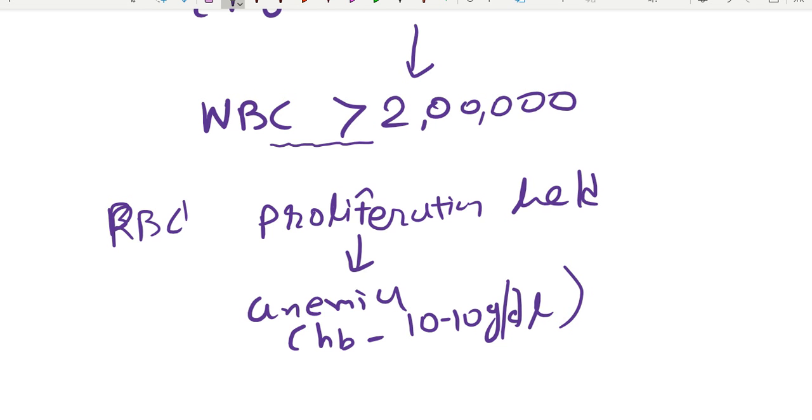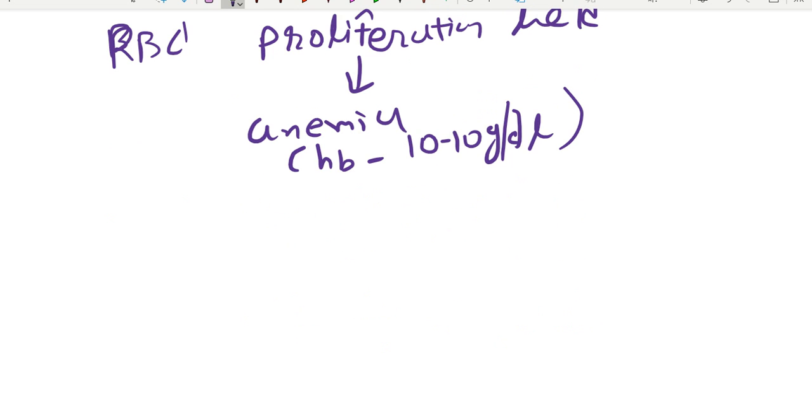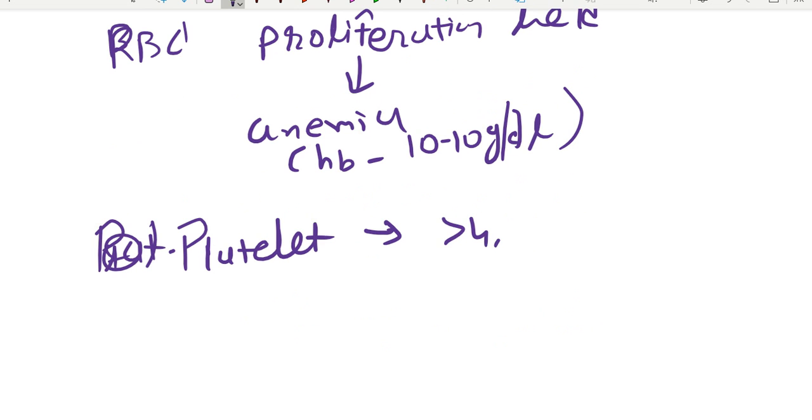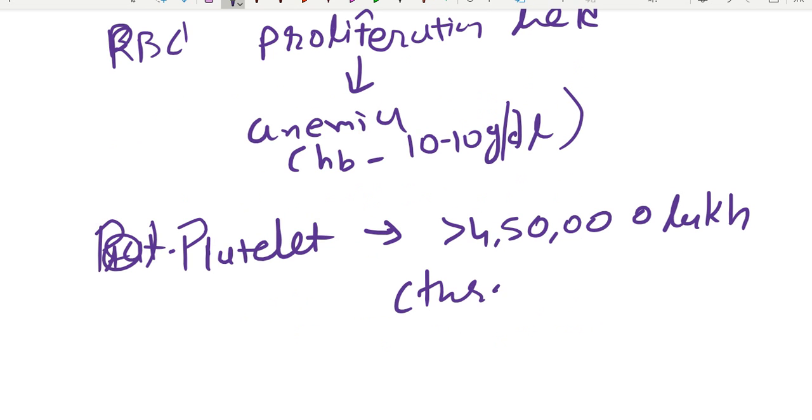The total platelet count also rises, more than 450 thousand platelets, so thrombocytosis occurs.